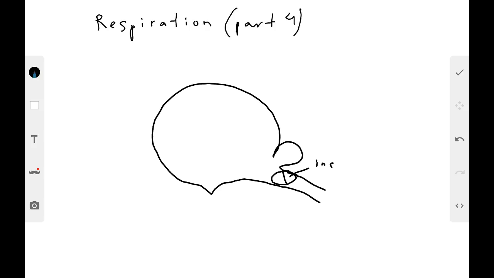Inspiration center, inspiration, and expiration center, and expiration. When inspiration neurons are activated, then reciprocally expiration neurons are inhibited, excluding the opposite function.